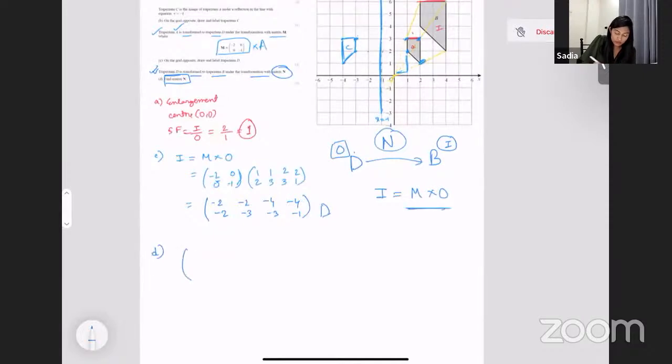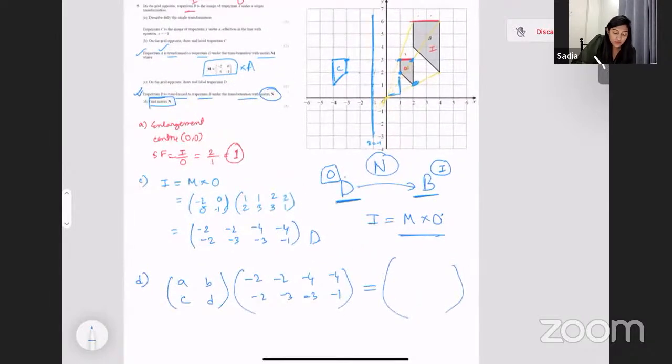Since I do not know the matrix, let's assume it to be a, b, c, d, and the object is trapezium D. So I'm using the coordinates of trapezium D, and then the image is trapezium B. You cannot just pick randomly.